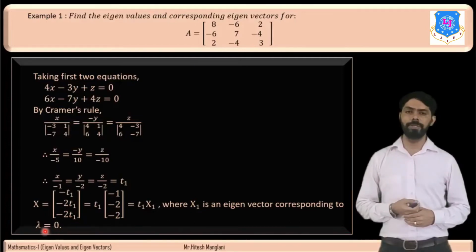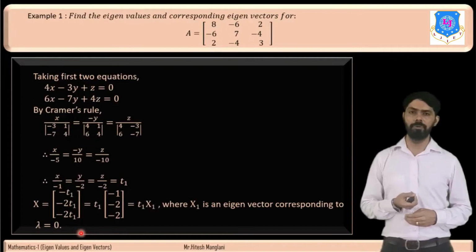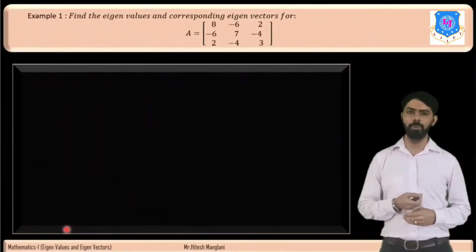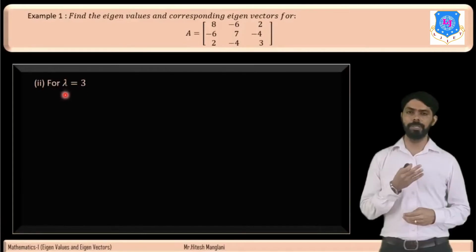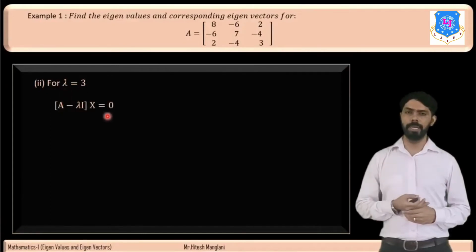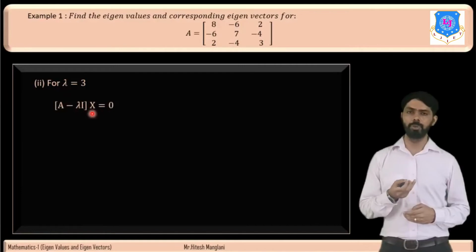Now we will repeat this same process for the remaining eigenvalues. Now we will find the eigenvector for the eigenvalue lambda equal to 3. So (A minus lambda I) into capital X is equal to 0, where capital X is the eigenvector. We have to subtract lambda from the principal diagonal elements.